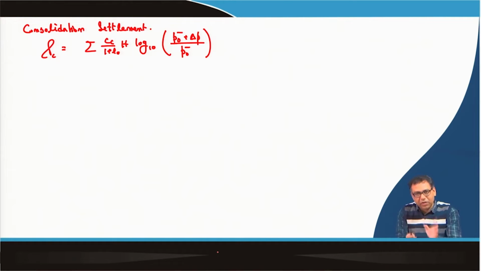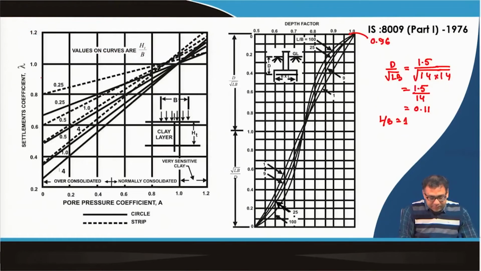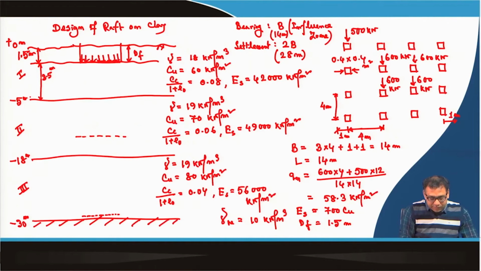So, here it is normally consolidated soil. So, I have to use the total range as Cc, and for that purpose we have divided this settlement range into 3 zones. We have to take the point at the middle of each layer. This is A point, this is B point and this is C point. This is the middle of each layer.